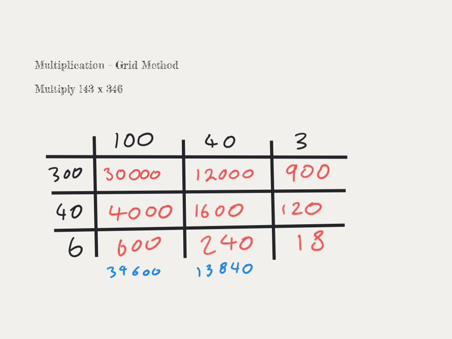A quick check, yeah, that's right. 900 add 100 is 1,000, add 20 is 1,020, add 18 is 1,038. And I'll add those 3 numbers up.